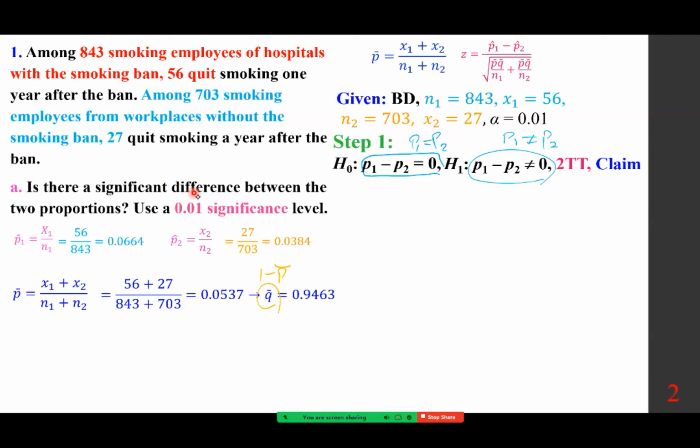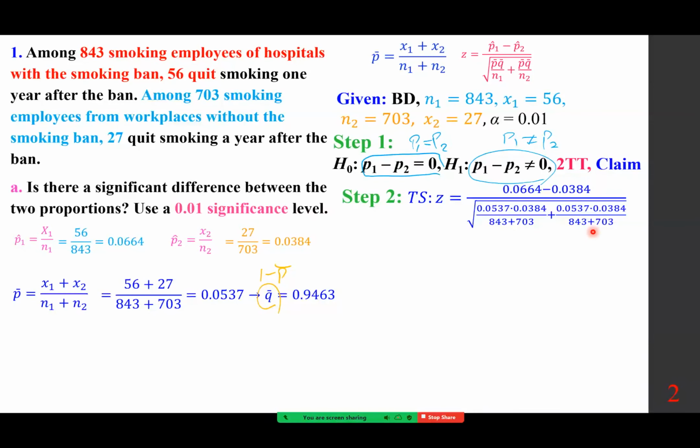So the next step is to calculate the test statistic. Here's the formula, and we've done everything we need to get to this formula. We are ready to move on with it, using P1 hat minus P2 hat, and then the square root of P bar Q bar over N1 and then over N2.